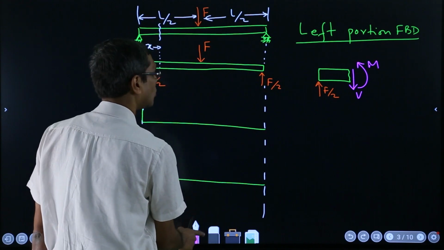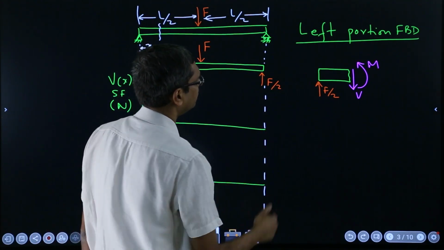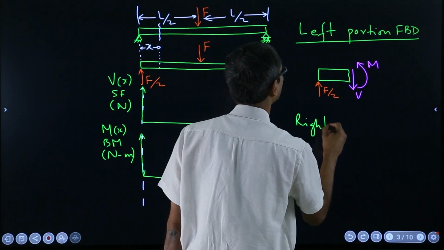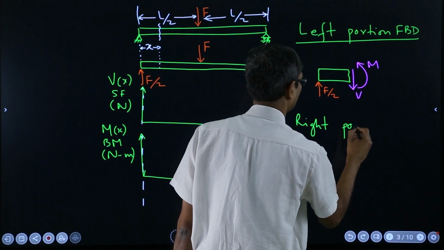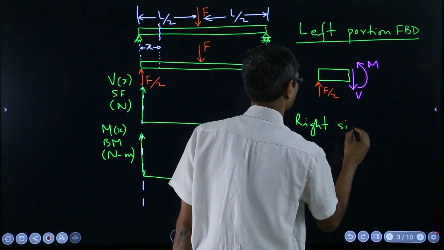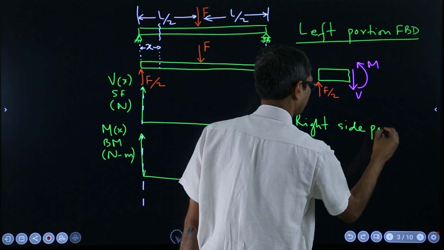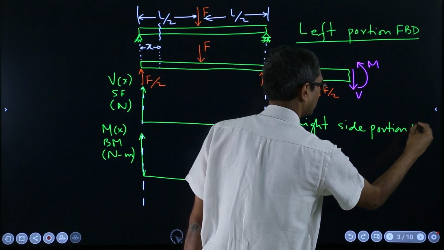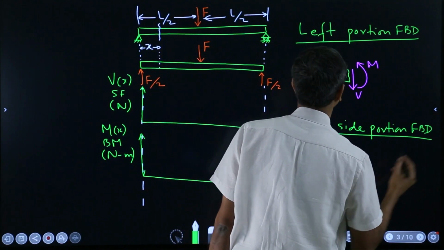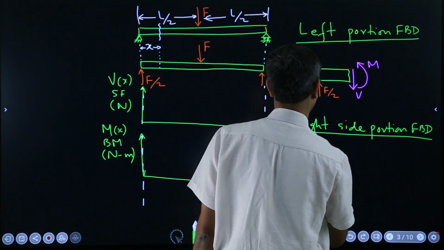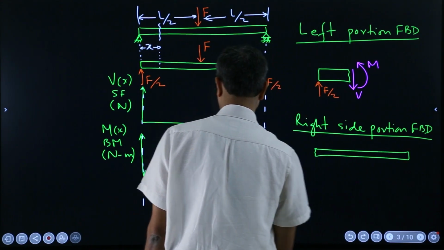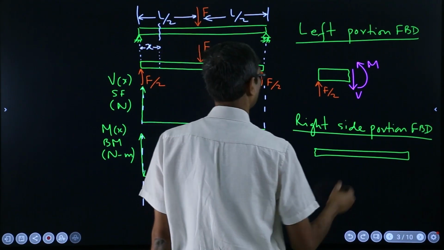If I have to draw the right side FBD, right side portion is better. Then the forces: what are the forces?